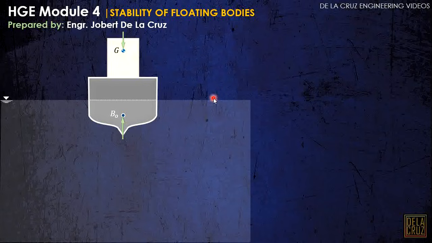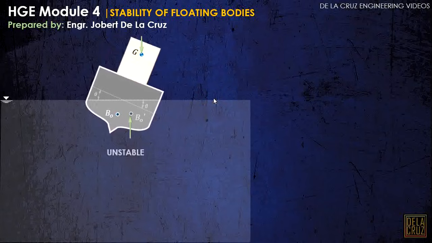Now again, if this will tilt, in this case, eto, the same lang sila, no? This will be in unstable position. Okay, again, I will just project this BO to G and the buoyancy vertically. Ito yung magiging meta center natin, no? As you can see, if na-observe nyo kanina, the meta center is above the gravity. Now, in this case, yung gravity natin is above the meta center. Now, ano yung mangyayari dito?